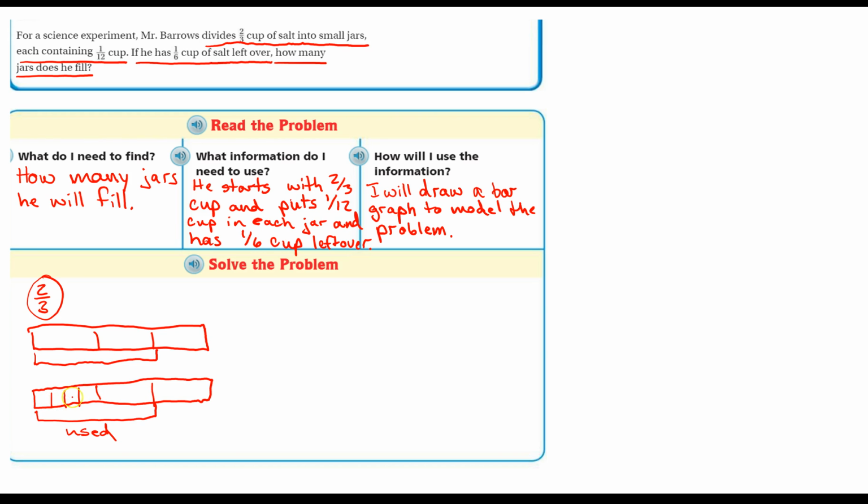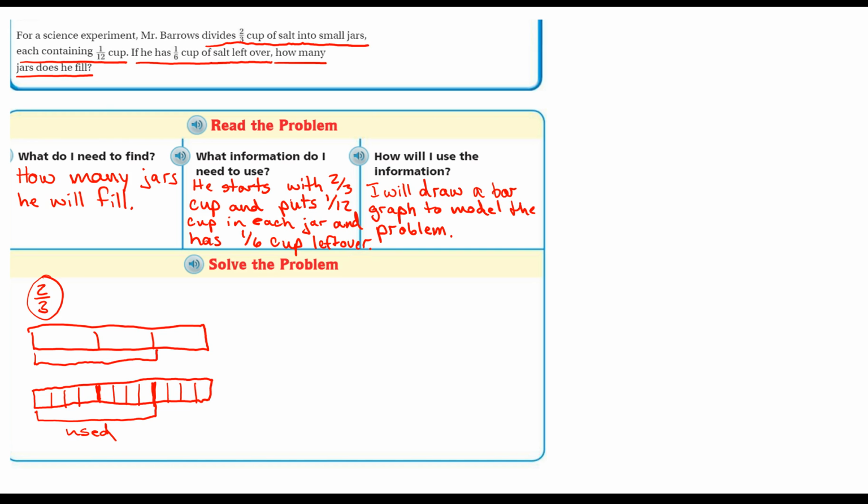So now we have 1, 2, 3, 4 parts in that third. We have 4 parts in that third. And now we have 4 parts in that third. So I've taken these 2/3, right? This was the original line for the 2/3, and I've broken them into 12ths.